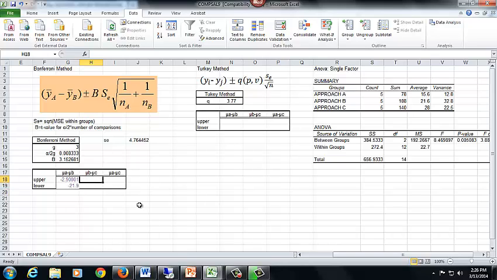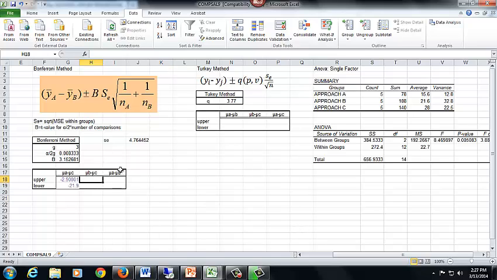Now I'm going to go here and do approach B minus approach C. So this is showing, if I look here at the average, when I did this, I did approach A minus approach C. So I'm just going to go and change that label in there, and I'll change this one to B when I'm doing that. Sorry about that. I just noticed the way I clicked it on there.